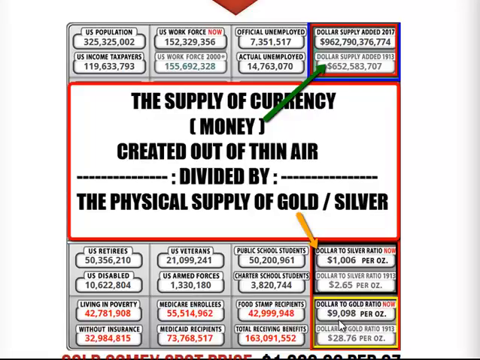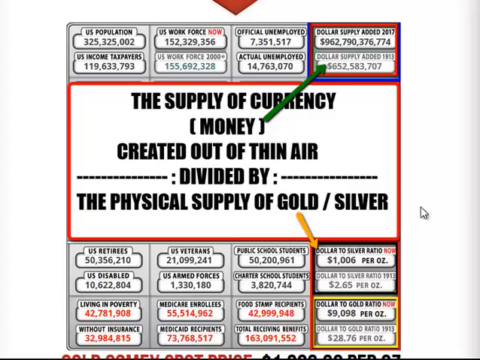To right now, an ounce of gold is at $9,098 per ounce. The dollar to silver ratio in 1913: an ounce of silver was $2.65. If you divide the above ground silver by the money supply, an ounce of silver is $1,000.